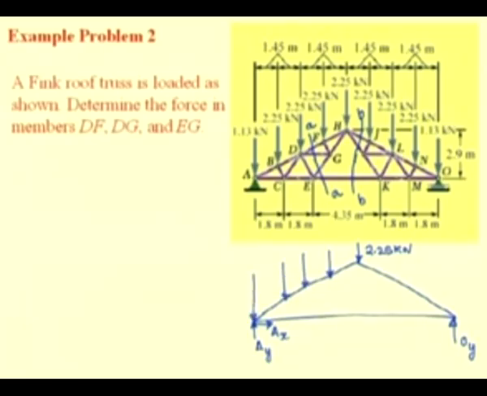Since the entire loading is symmetrical, I am just drawing one half of the truss. All the forces are in kilonewton. Some dimensions are required to compute the moment arm.